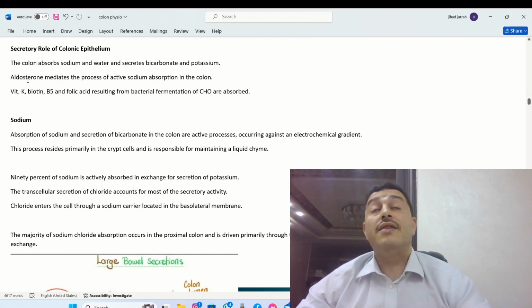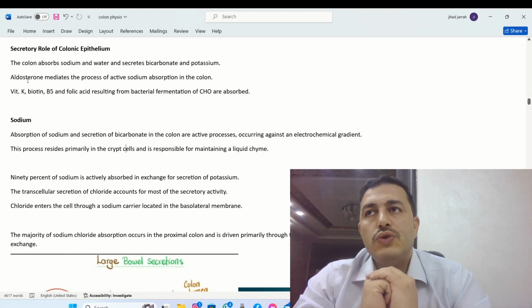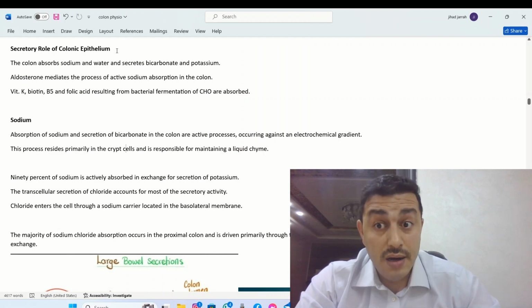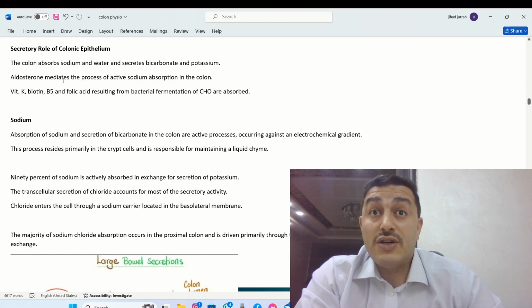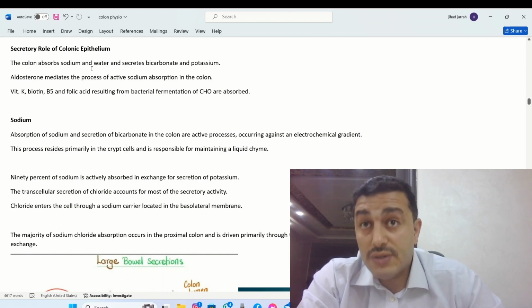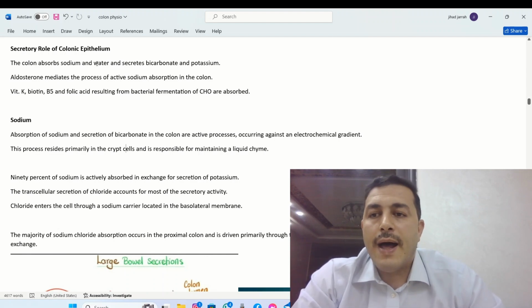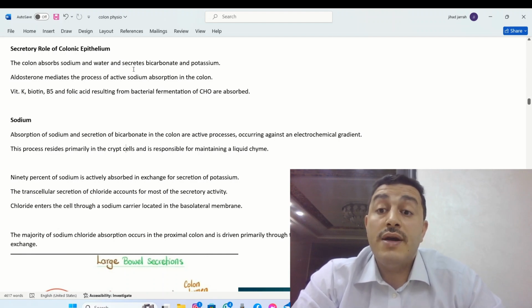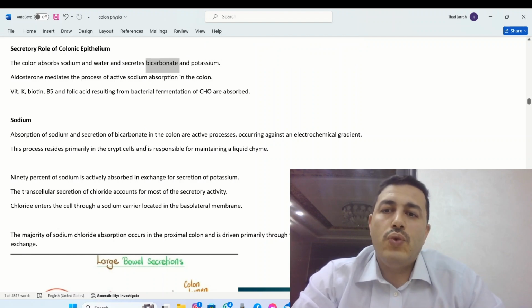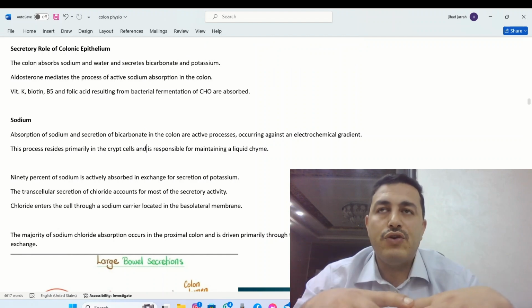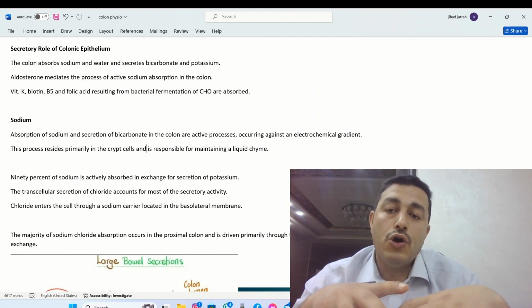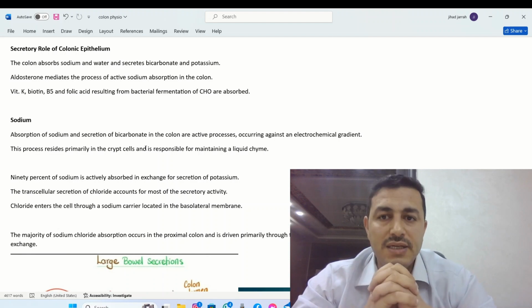We previously said that the colon absorbs sodium and water and secretes bicarbonate and potassium, which correlates with the function of the colon: absorption of water, which follows the sodium by osmotic pressure. Bicarbonate is secreted to neutralize the acidic environment in the colonic lumen due to the presence of bacteria.